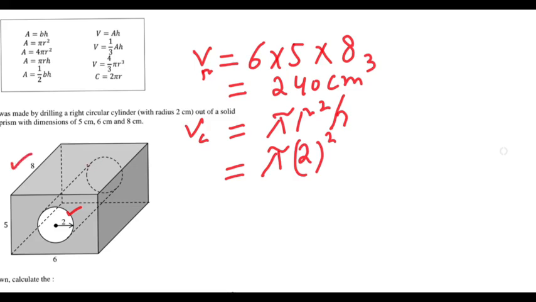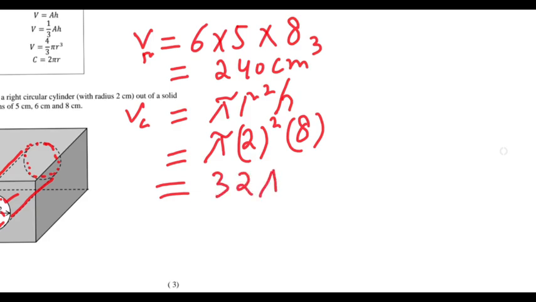Have a look here, because this is the circle, and this part is the length of the cylinder. So this is the height, 8. Now I'm going to use my calculator. The answer is 32 pi.